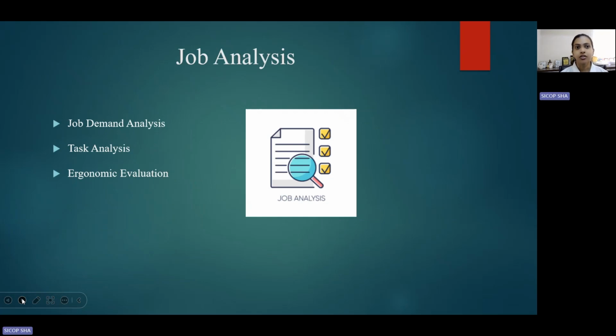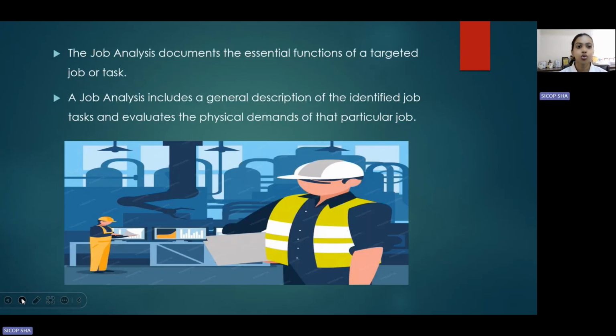Job analysis consists of job demand analysis, task analysis, and ergonomic evaluation. The job analysis documents the essential functions of a targeted job or task. A job analysis includes a general description of the identified job tasks and evaluates the physical demands of that particular job.